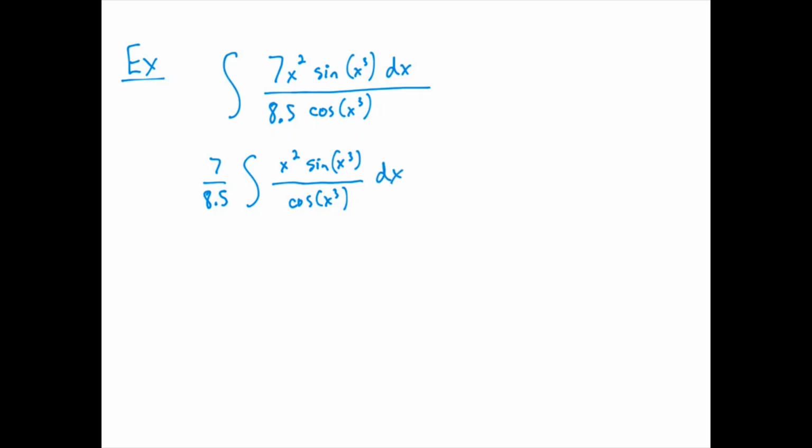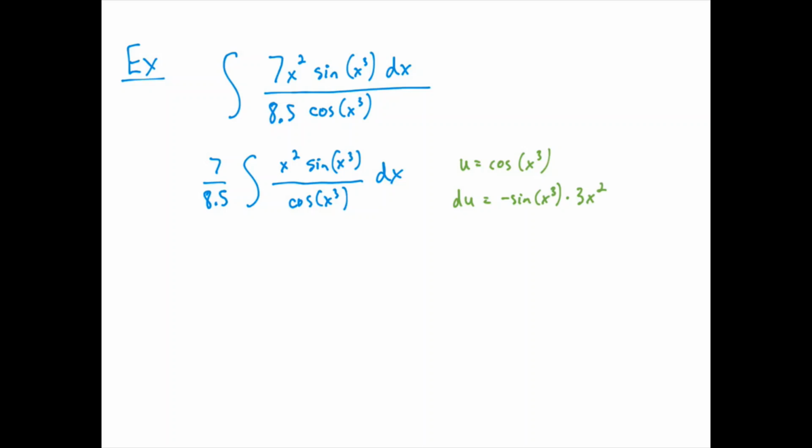So sine and cosine are derivatives of each other, so it makes sense that we would have one of those be set to u. So let's let u equal cosine of x cubed. When we take the derivative of that, well, the derivative of cosine is negative sine of x cubed times the derivative of the inside function, so that's 3x squared.